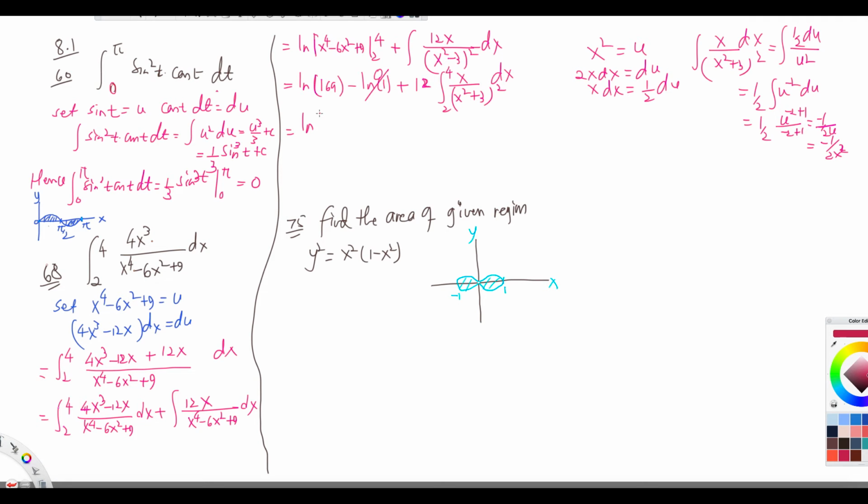Okay, let's use that thing. Natural log of 169, and then plus 12 times negative 1 over 2(x squared minus 3), but the limit is 2 through 4. That's what you do. Okay, guys, so how much is that? 12 over 2 will be 6. So it is natural log of 169, and then minus, with 6 times negative being minus 6.